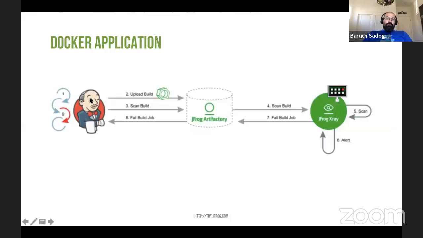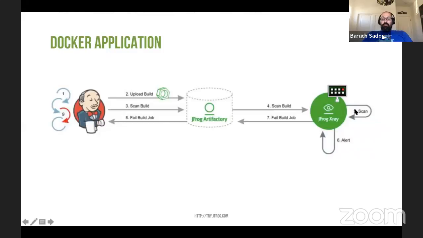And this is how Docker actually works with all that. So first, we run a build. And once we run a build, we upload the build to Artifactory. Next, Jenkins instructs Artifactory, or the Artifactory plugin, to run an Xray scan. This command will be passed on to Xray, asking for an Xray scan.